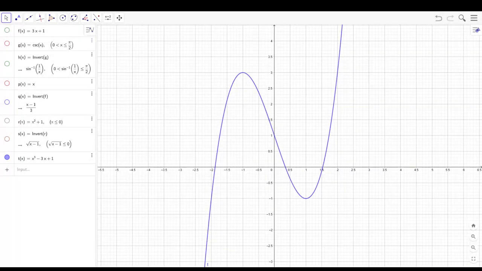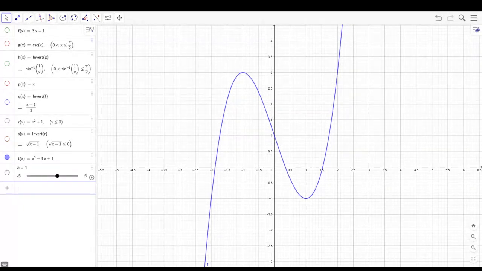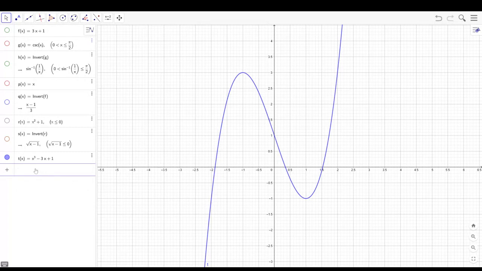Now, is this function one-to-one? Well, no, it's not, because if I draw a horizontal line, say the line y equals 1, let me write that.